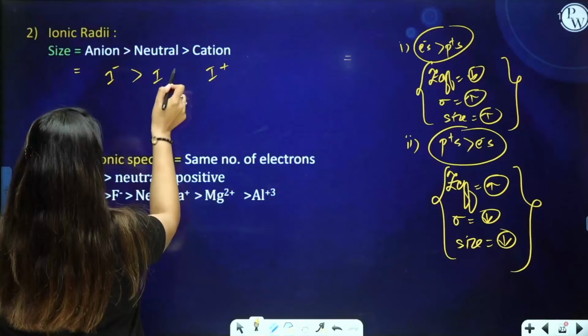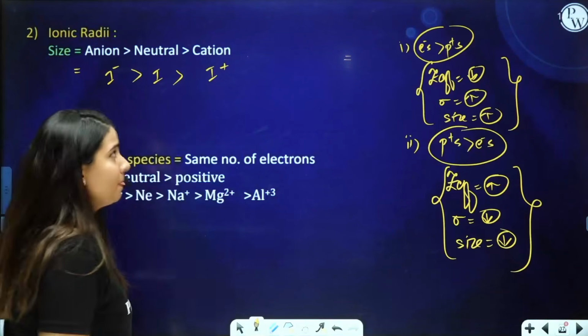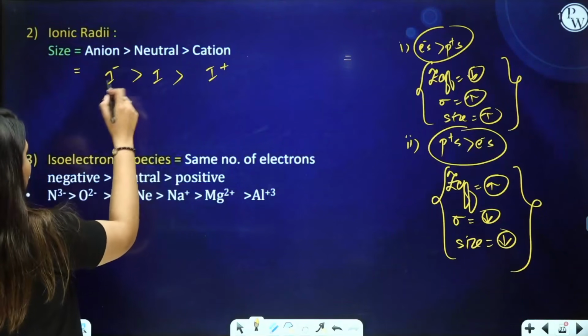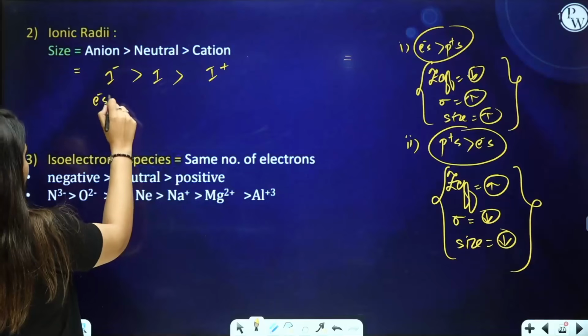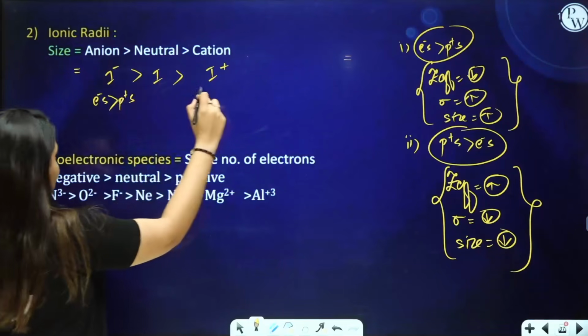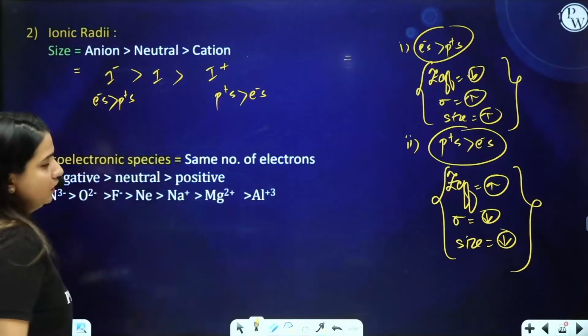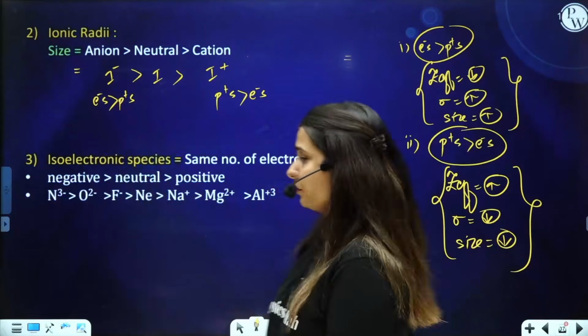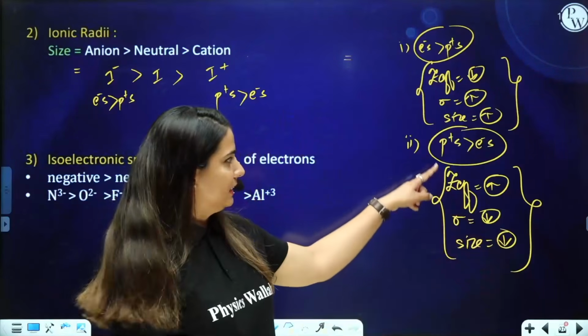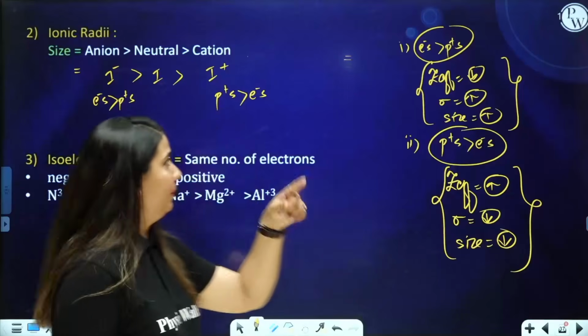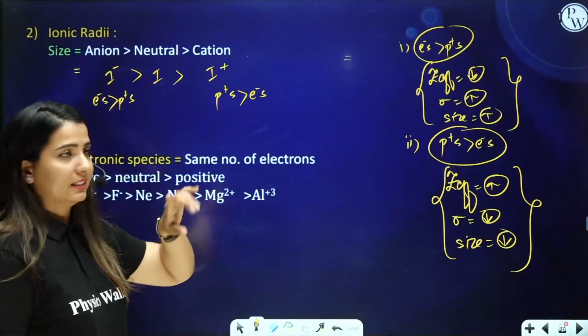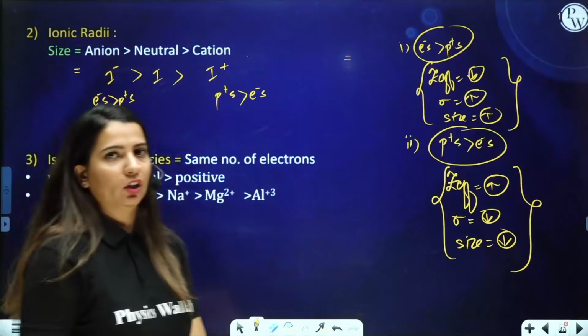The size order will follow this, because in the case of an anion the number of electrons is greater than protons, and in cations, protons are greater than electrons. So you can simply say when the protons are greater, size will be small. Just relate with that and get your answer.